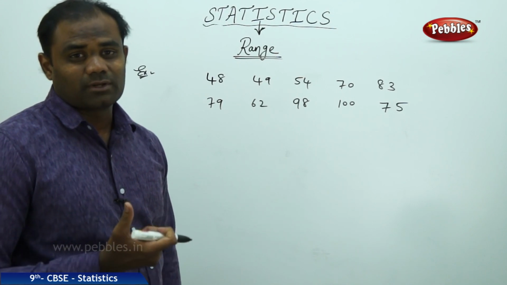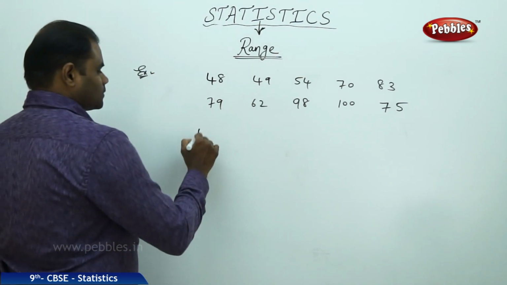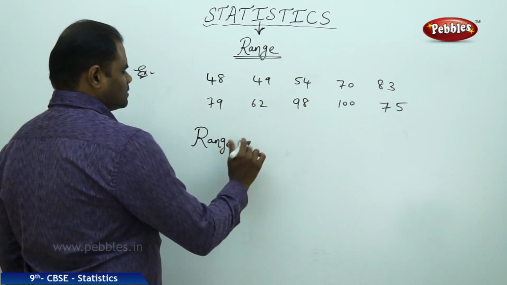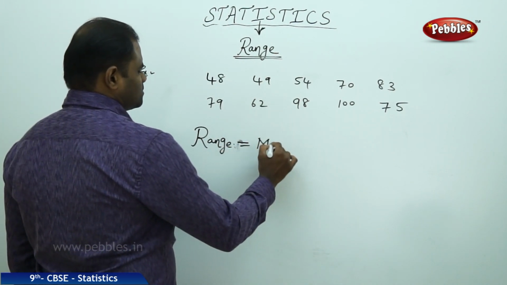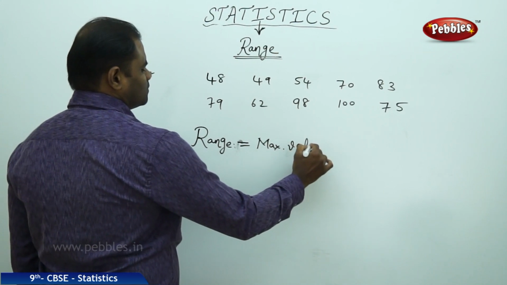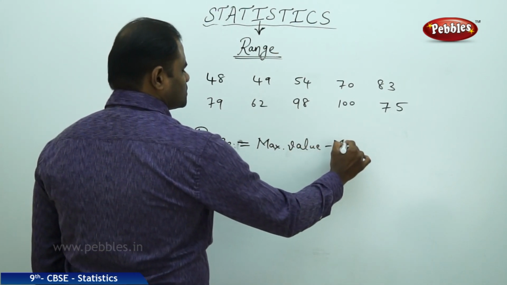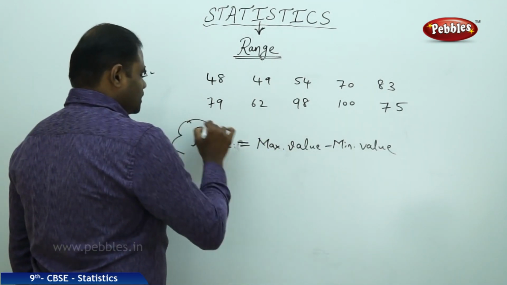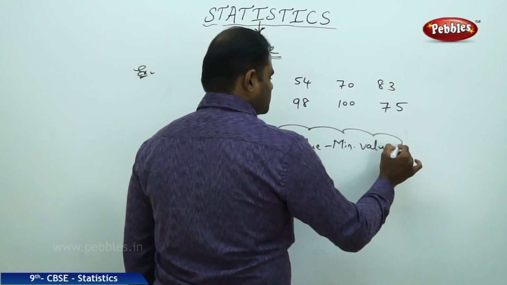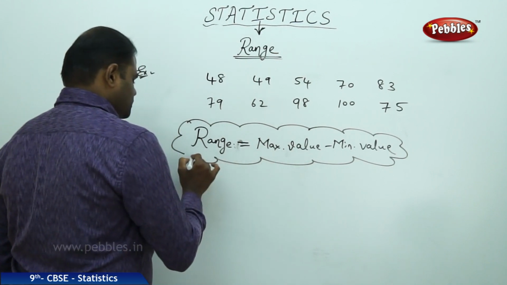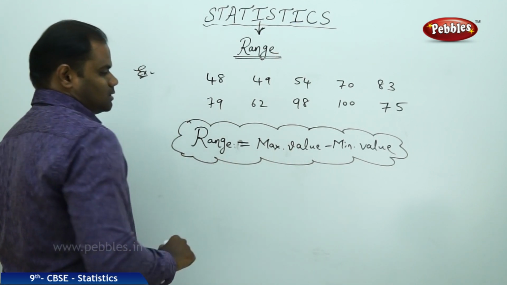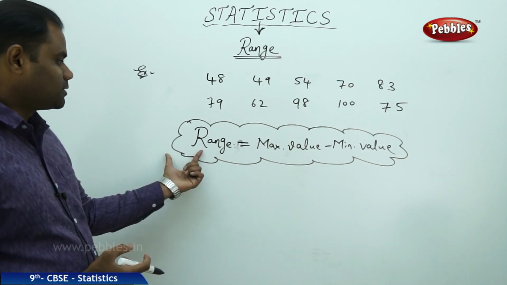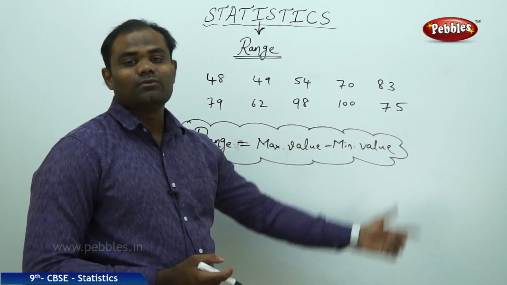Let's understand what is the range. So in this case, a range is understood as the maximum value minus minimum value. So the formula for range is max value minus min value.